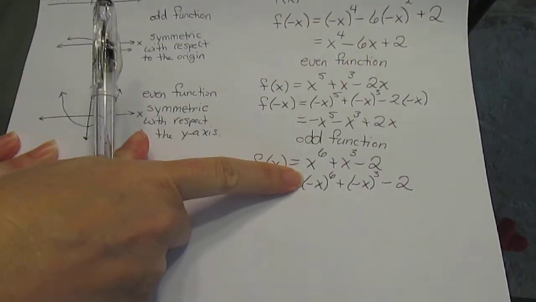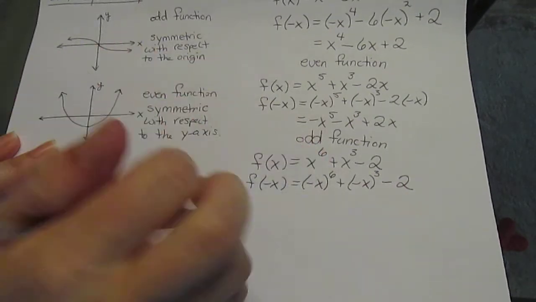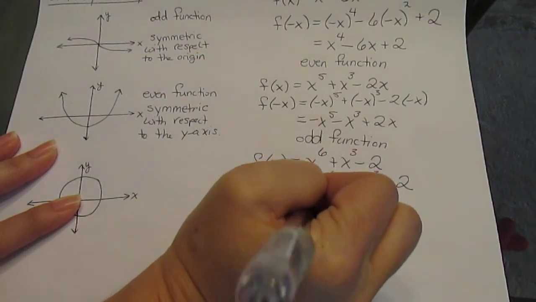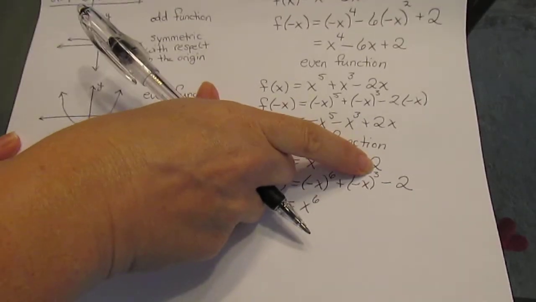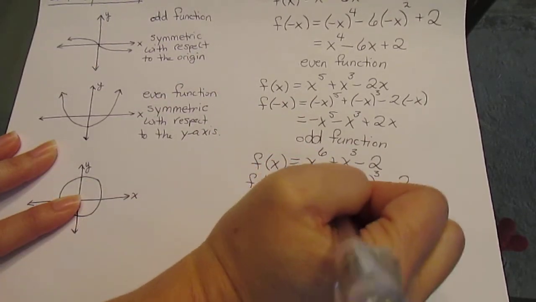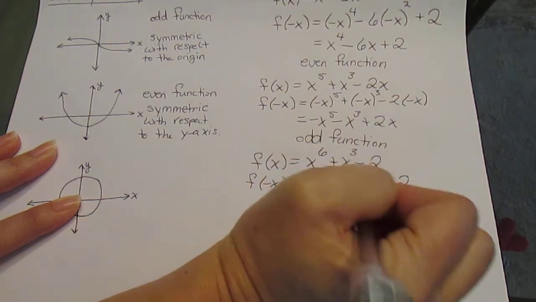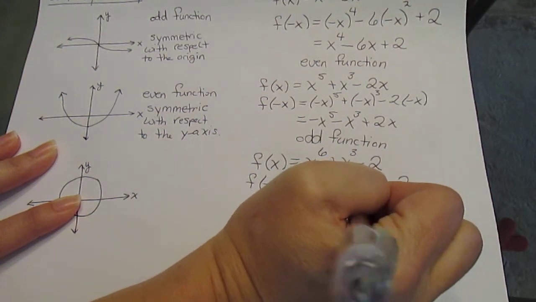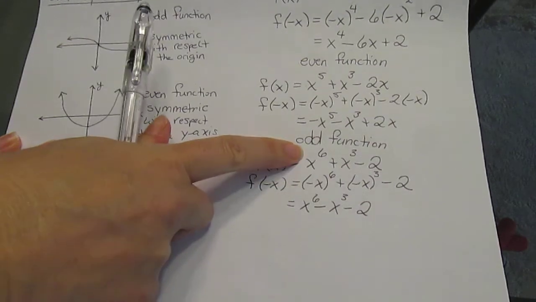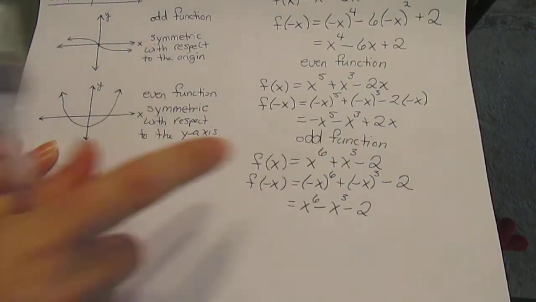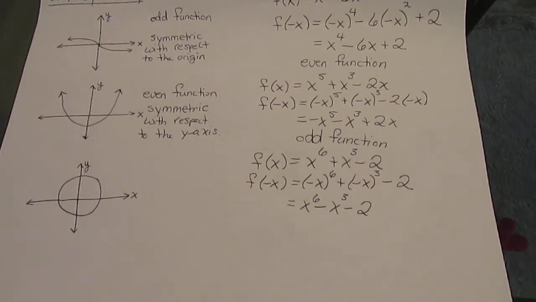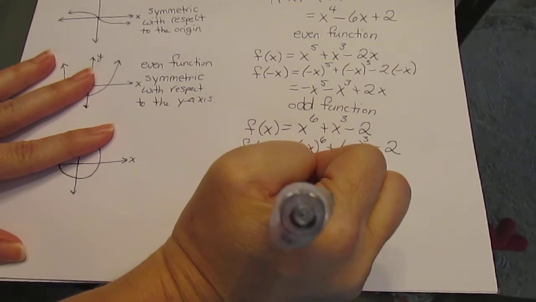And I see that I've got a negative to an even power, so that's going to be a positive x to the sixth right there. This one's a negative to an odd power, so that one's going to be a minus x cubed, and then minus 2. And notice in this one, the first sign stayed the same, the second sign changed. Well, right there we see that some of the signs stayed the same, some of them changed, so this one's neither.